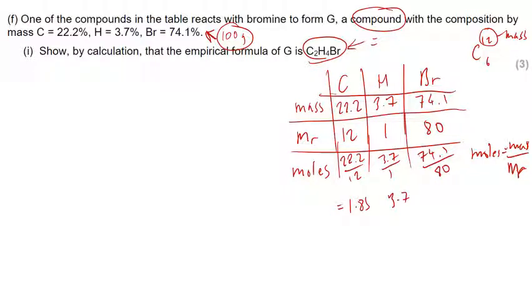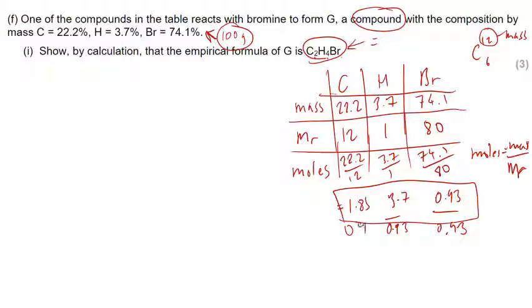So our moles are 0.93 for each of these: the moles of carbon, hydrogen, and bromine in this compound. Let's see if this ratio is the same as 2, 4, and 1. If we divide each by the smallest number, which is 0.93, you should get 2, 4, and 1. And that is the same as C2H4Br. That's your 3 marks there.